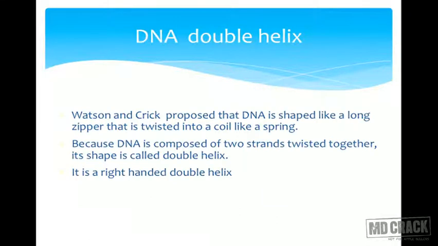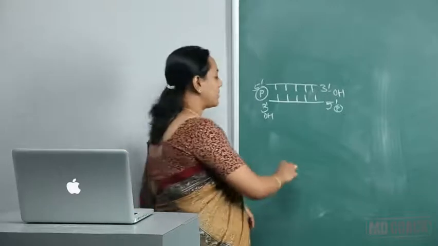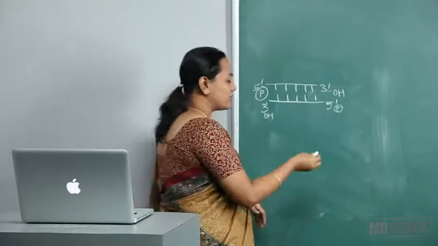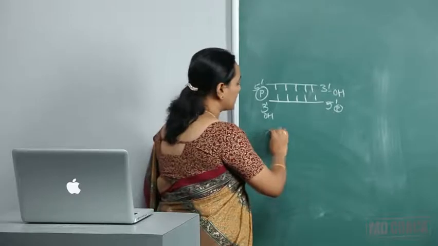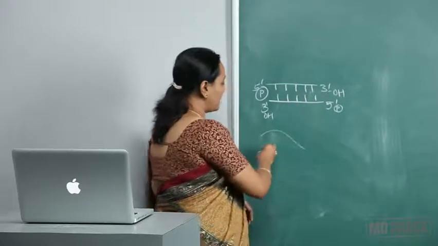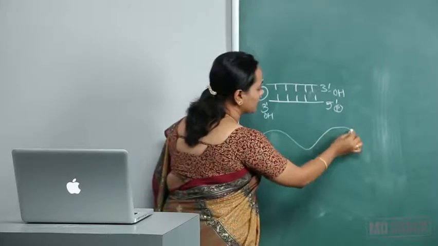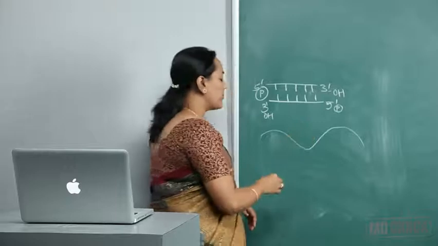Now let us go further with the structure of the DNA double helix. Watson and Crick proposed that the DNA is shaped like a long zipper that is twisted into a coil like a spring. There are different ways you can show this DNA double helix, but for the sake of convenience, I'm going to show it like that. So you have this zipper, and this zipper is folded to form a double helix.